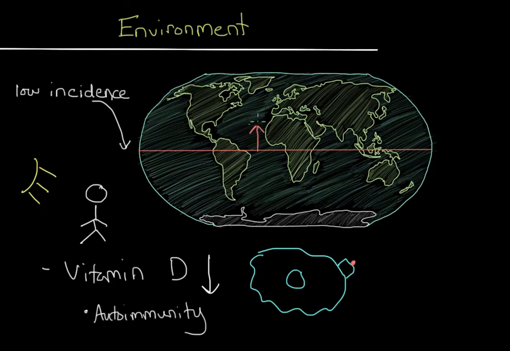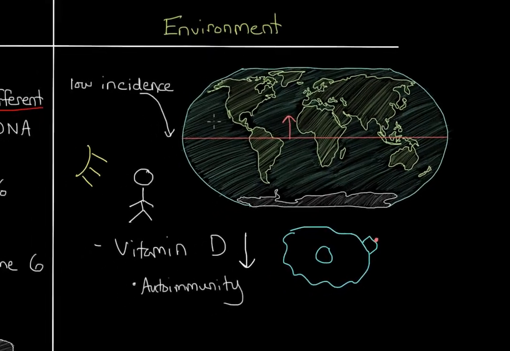So as you move further and further up north, you're exposed to less sunlight. If you're exposed to less sunlight, then you most likely have less vitamin D in you. If you have less vitamin D in you, then this could lead to an autoimmune disorder, namely multiple sclerosis. So it's thought that this may be the reason why the incidence of MS increases as you move away from the equator.